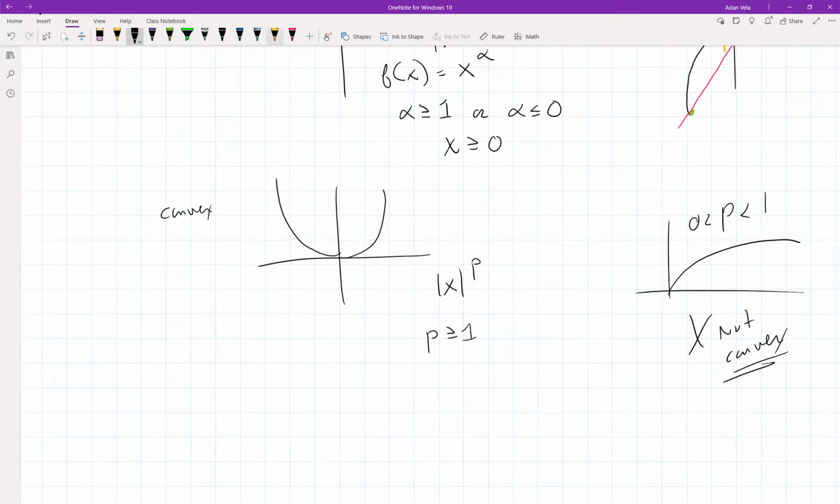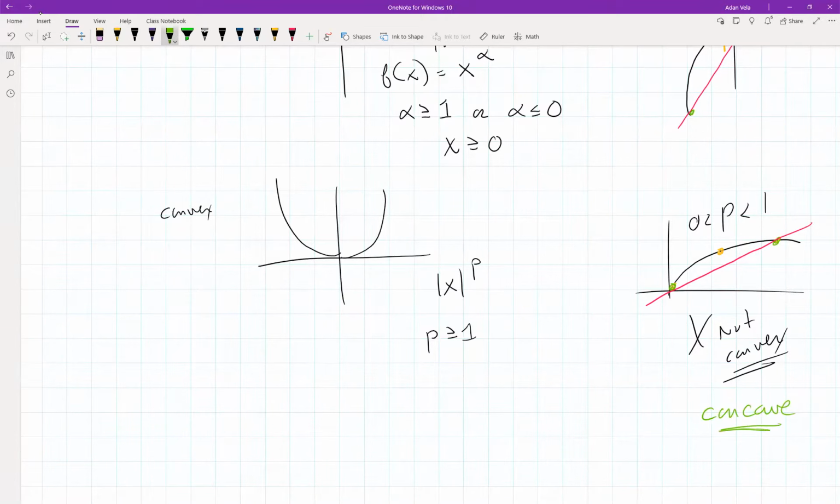And again, we can demonstrate that if we pick 2 points, we draw a line between them. And the corresponding point on that function is supposed to be below the red line, right? But I picked 2 points where the function is obviously above the red line. So we're not convex at that point. In fact, what we are is concave.